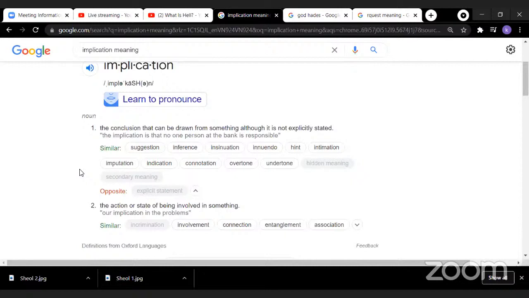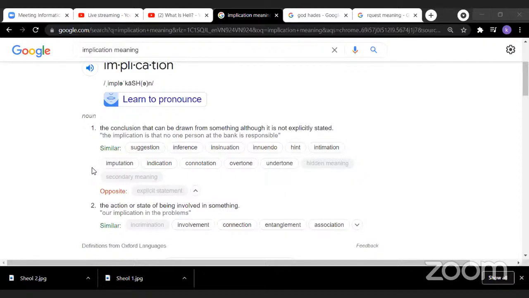Similar: suggestion, inference, insinuation, innuendo, hint, intimation.